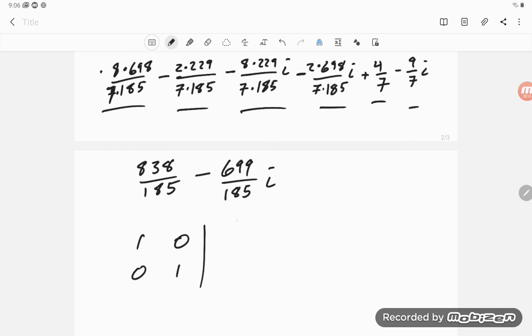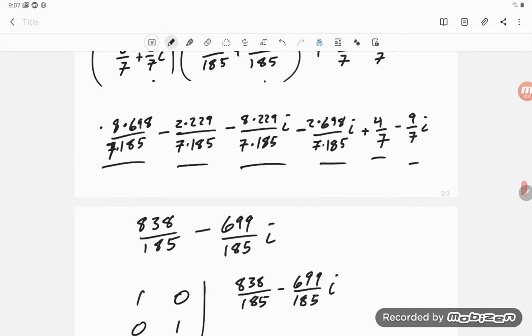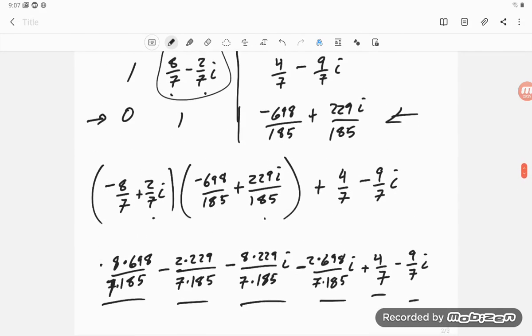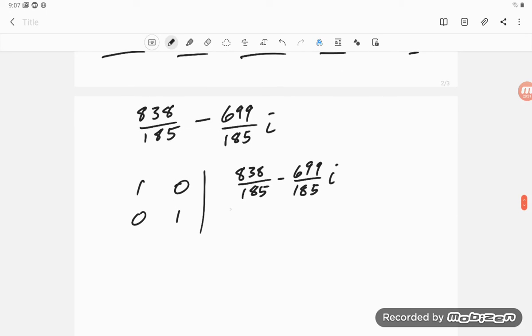So I get that, and so 1001 838 over 185 minus 699 over 185i, and whatever else I had there, so minus 698 plus 229i, and these were each over 185.